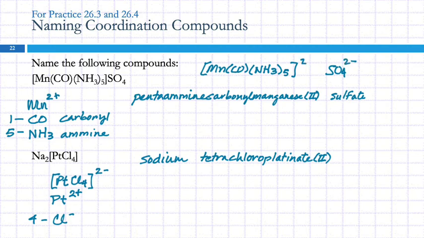And so this must be 2+ overall. And we need that so that we can figure out the oxidation state of the metal ion. In this one we got the overall charge, and then we had some charged ligands, and so we got to consider all the charged things. Any other questions?